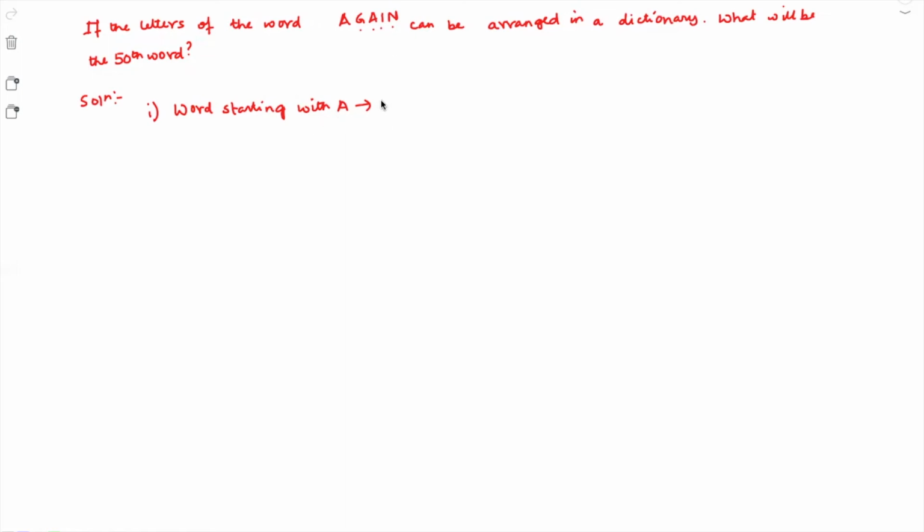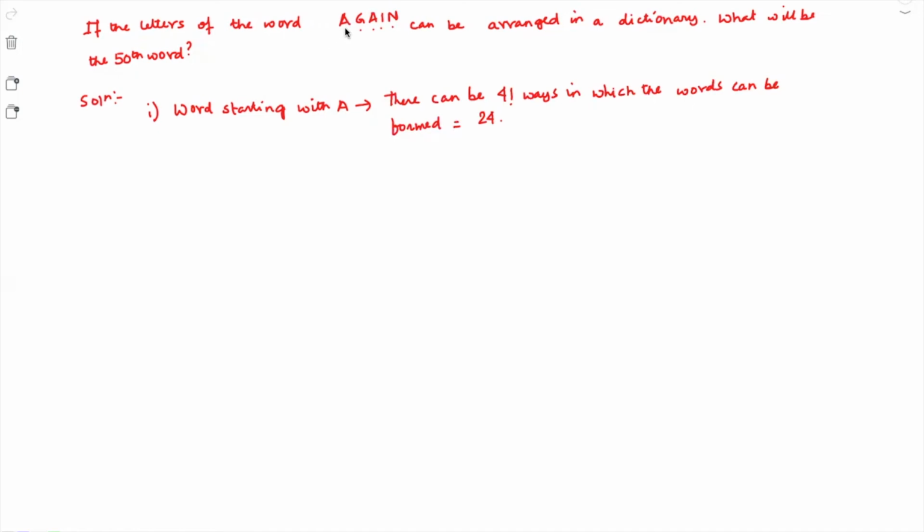So words starting with A, there can be 4 factorial ways in which the words can be formed. So 4 factorial means 24. Why 4 factorial ways? Because as I mentioned, A will be at the very beginning.